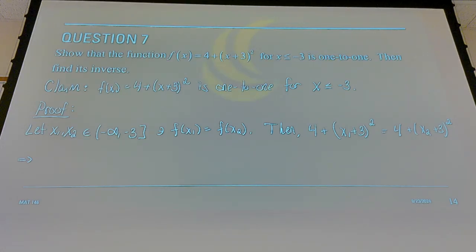Matrix or FOIL? You theoretically can. That's going to make it a lot harder. Get rid of the 4s.